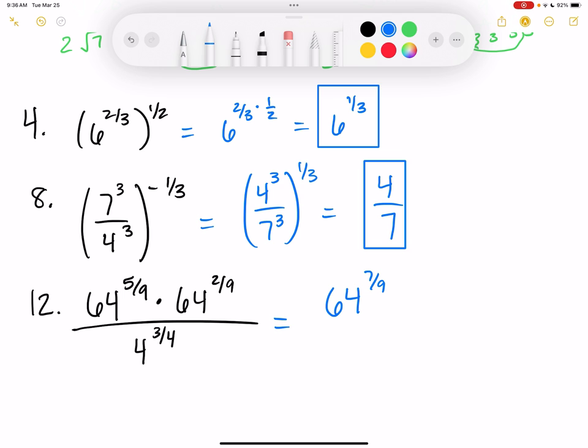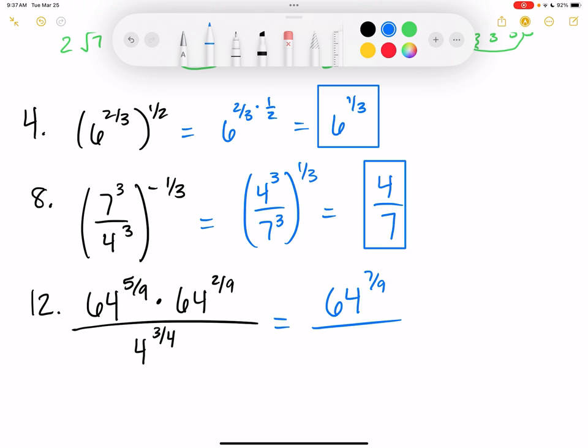When you're multiplying things with the same base, we add their exponents. When we add, we add the tops only, the bottom stays the same. Now, does this have the same base? No. Is there something I can do so that it's going to have the same base?